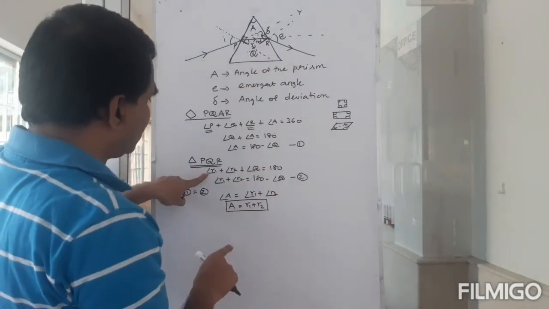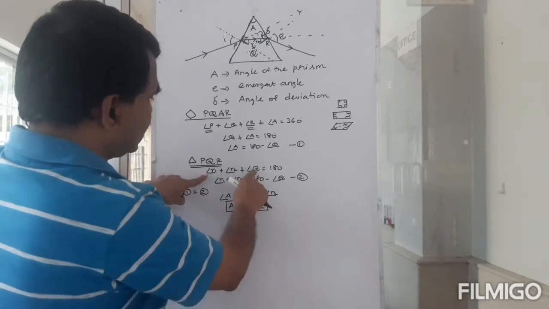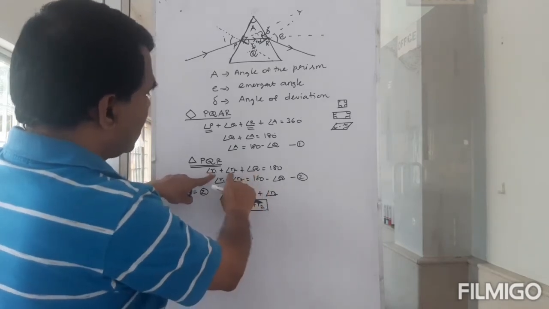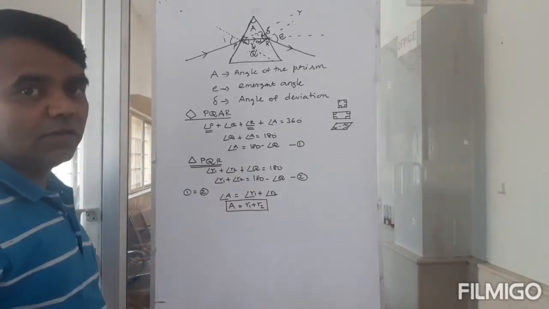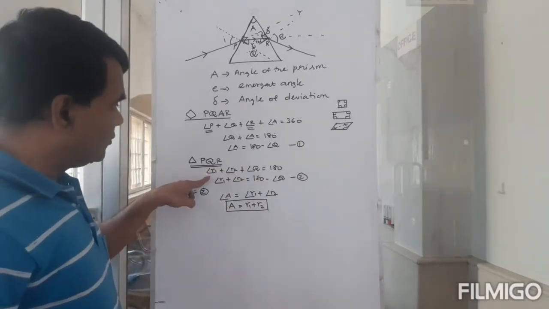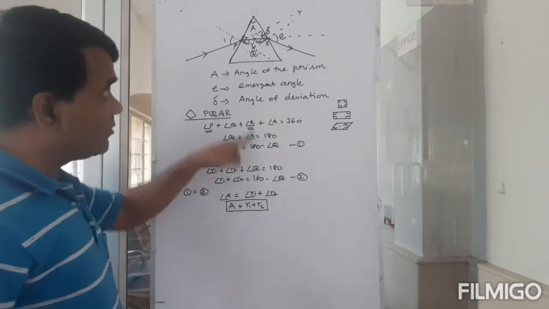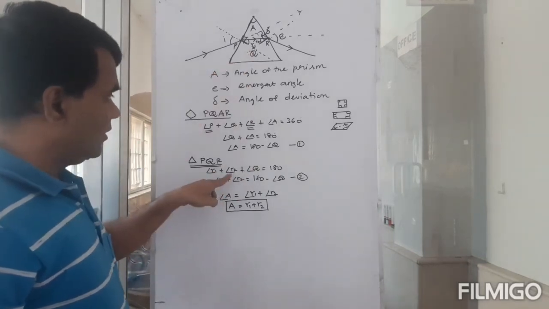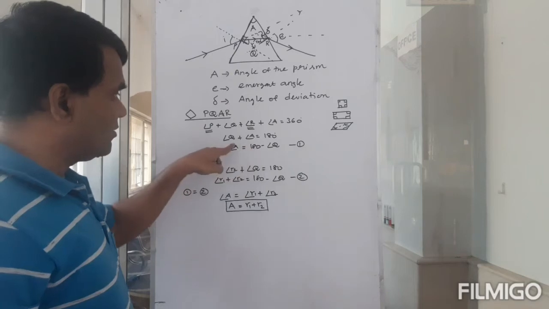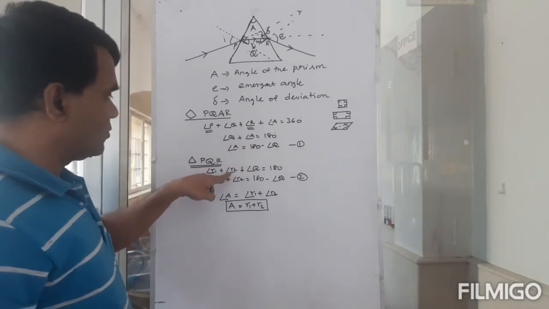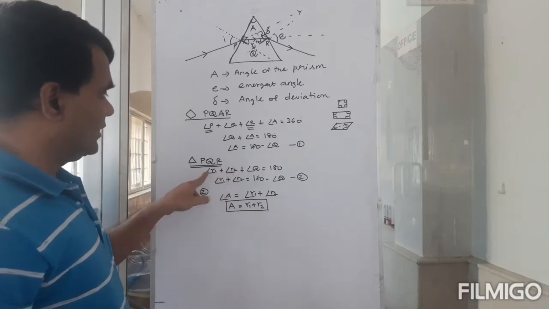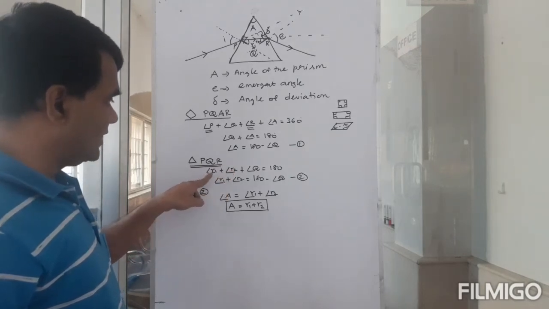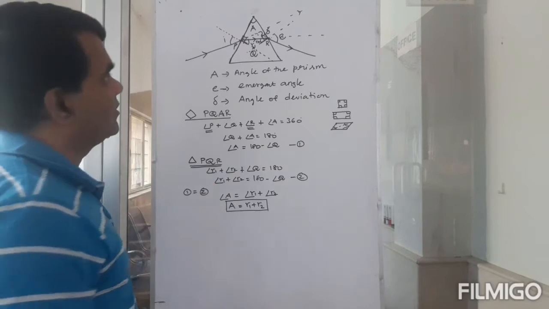So if R1 increases, since Q remains constant, R2 must reduce. If this decreases, this must increase.